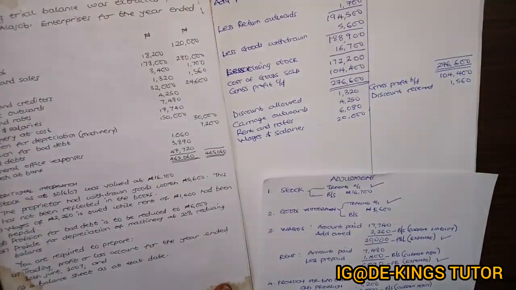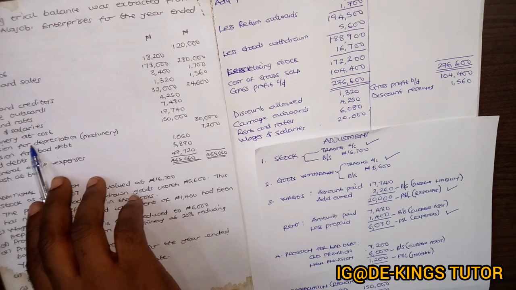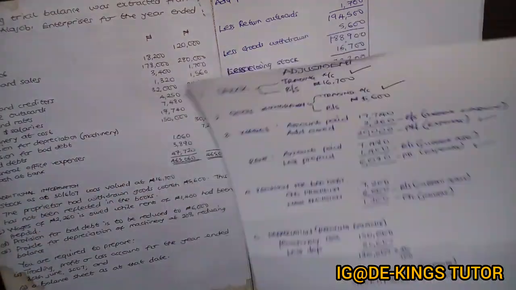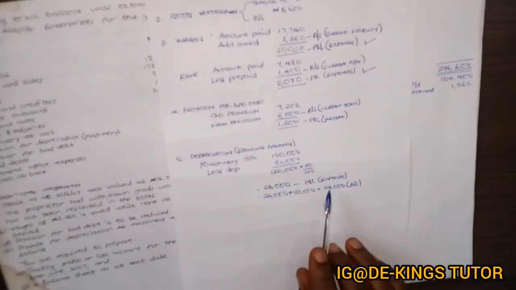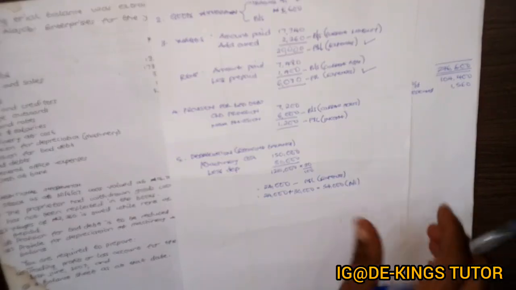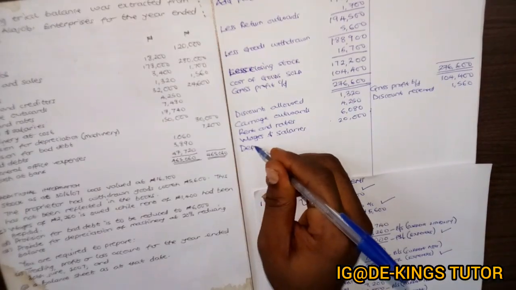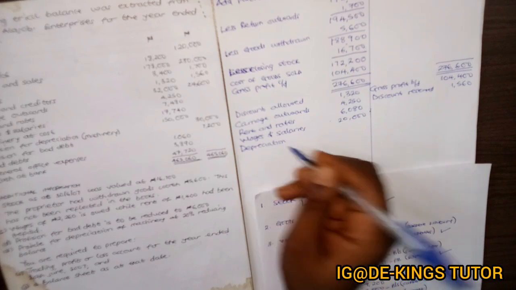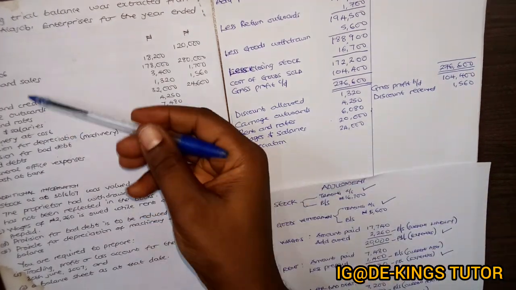Okay, the next one, you have machinery. It's not an expense. We have depreciation. This is the amount coming to the profit or loss account, 24,000. So we'll write it there. Depreciation, 24,000.